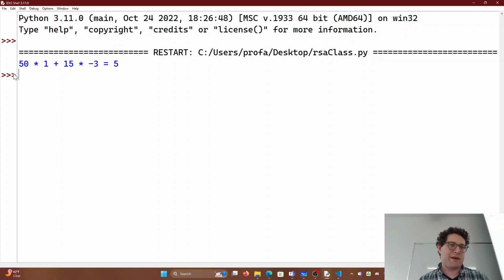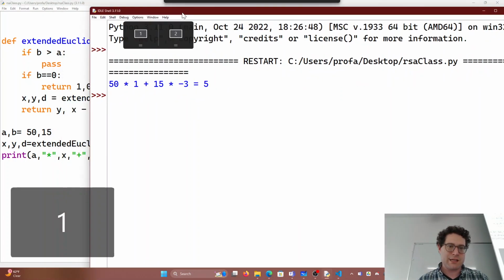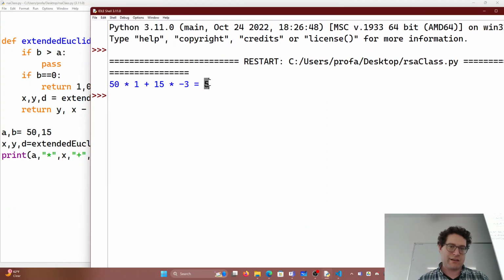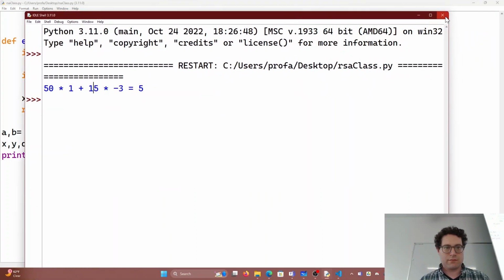We can see that it solves for 50 and 15. It figures out the greatest common divisor is 5, and it says 50 times 1 plus 15 times negative 3 gives us 5.